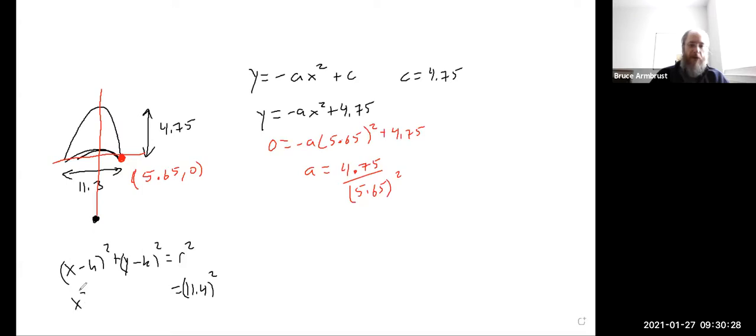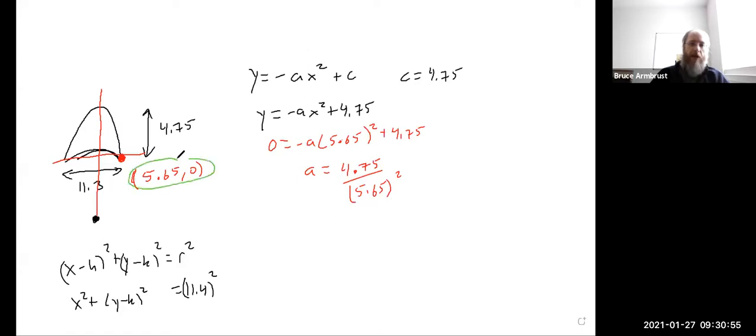So it's going to be x squared plus, and I'll still leave it as (y minus k) squared because I'm not really sure what the k is yet. But I can actually figure out what k is by using this same point.